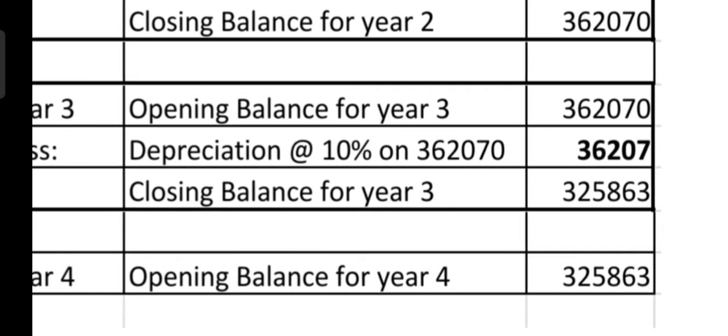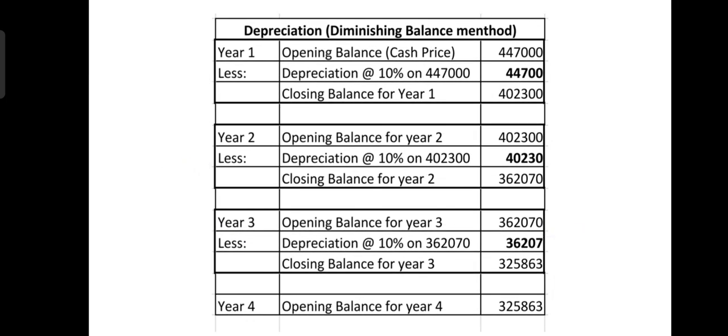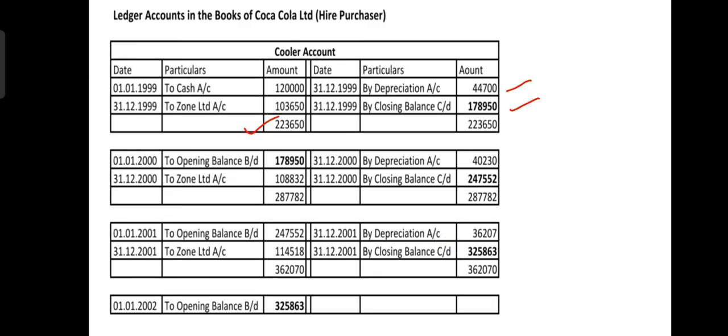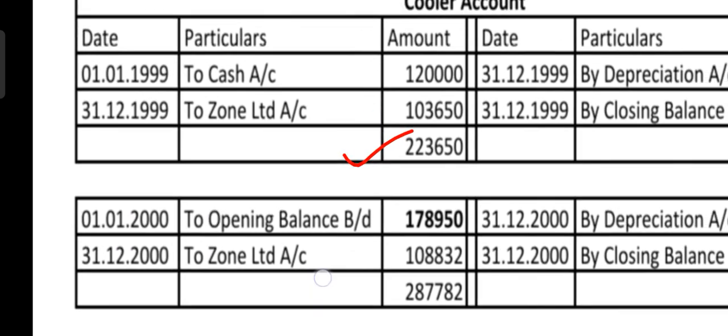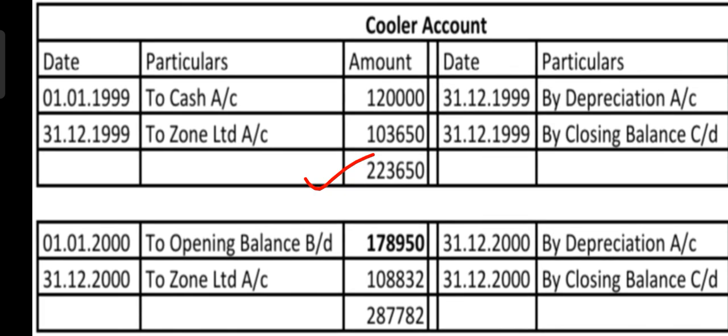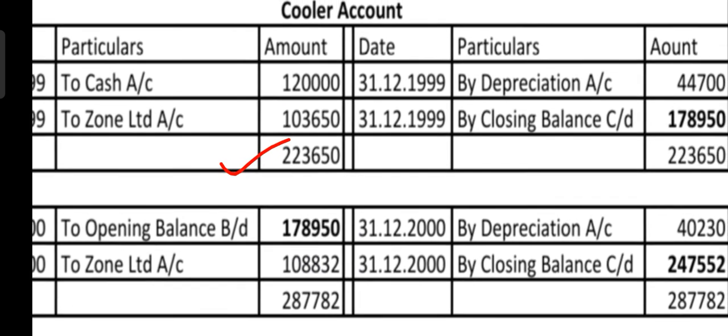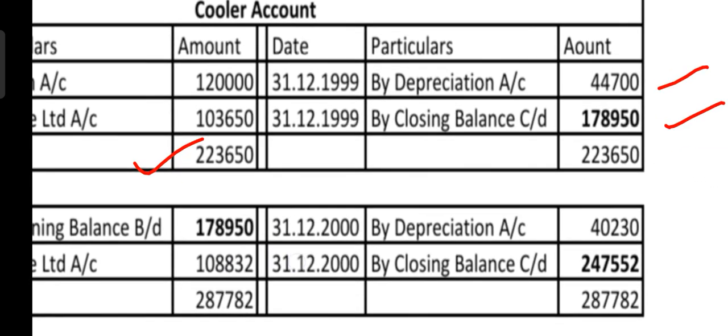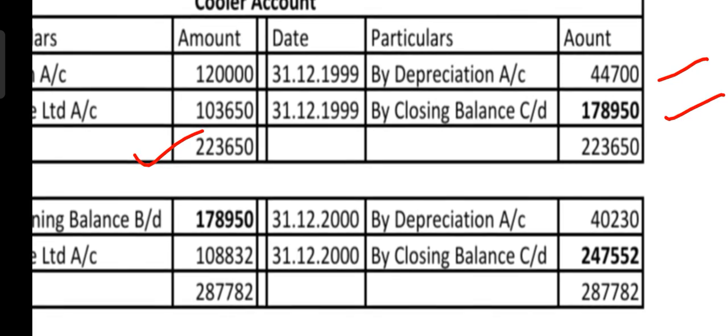Opening balance 3,25,863. So this is the asset accrual method. Even though we are paying only some amount, installment 1,20,000 and 1,03,650, 2,23,650 total, we received the asset in full value, and the whole asset has been used, but the ownership is transferred to us only to this extent.